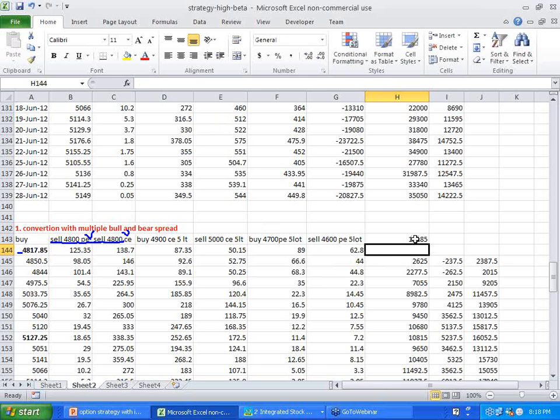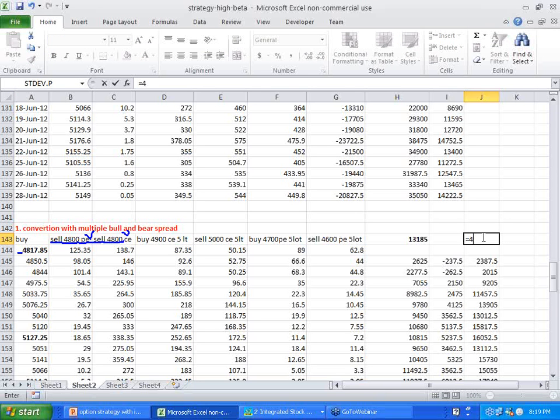So 13,185 rupees I have received through the sale of these options, and I have the Nifty future in my hand, which I have purchased. By this process, my Nifty future is protected by selling the call option and put option.